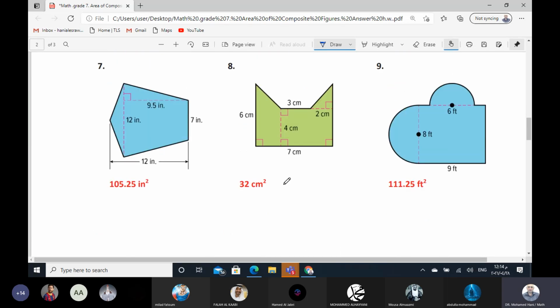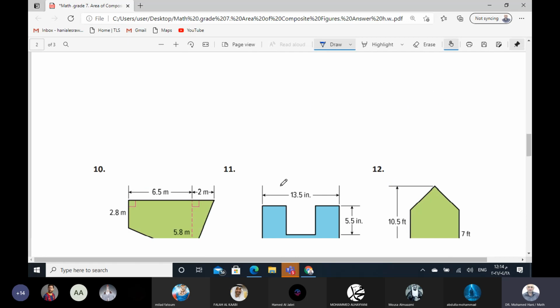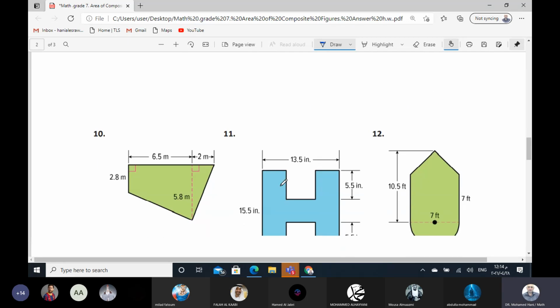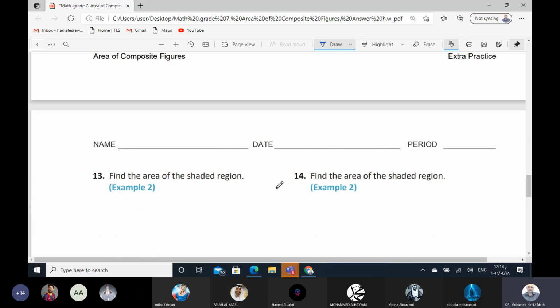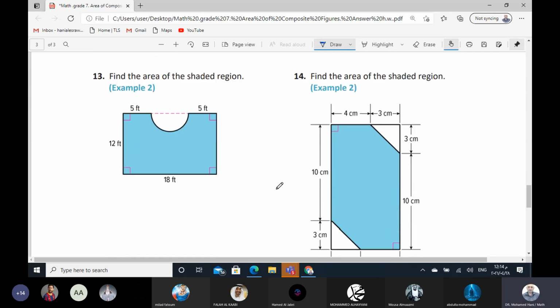The 7 and 8 and 9, the same idea. And 10 and 11 and 12, the same idea. I will solve here number 13. Find the area of the shaded region.